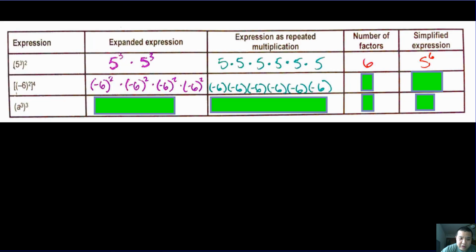There's 2 more of those because that's to the 8th. It should be to the 8th because there's 4 of these and twice for each one. So there should be 8 of those. Let me fix that. Negative 6, negative 6. So there's 8 of them, which means there are a total of 8 factors, not 6 factors. This should, oh, it does say 8. 8 factors right here. And that means this is negative 6 to the 8th.